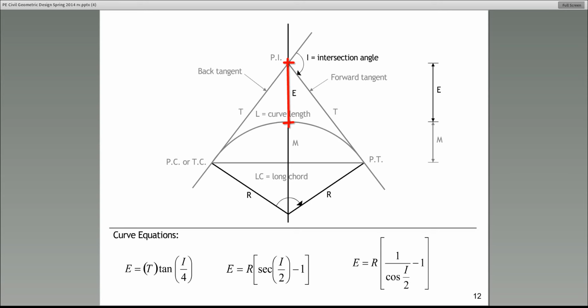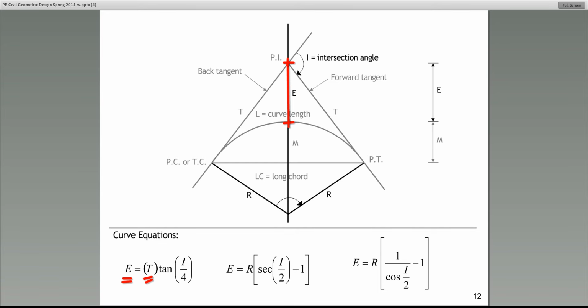Now, the three equations in the bottom of this page give us a relationship between the external distance, E, and T, which is the tangent distance.